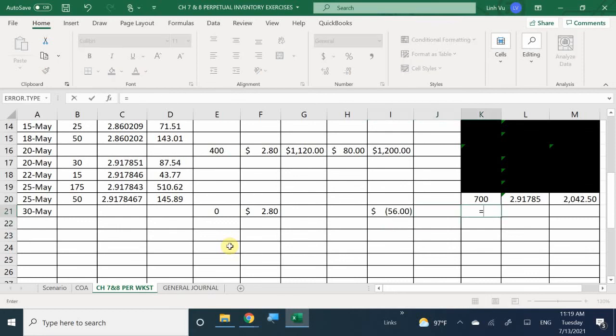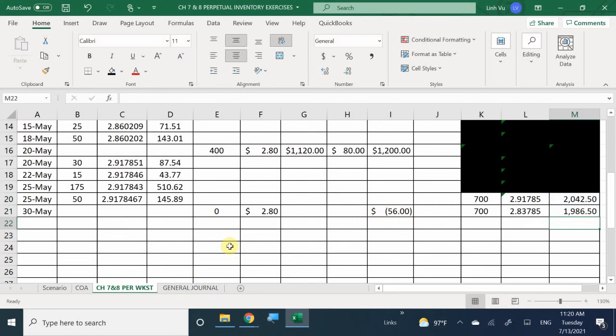Because I didn't affect my quantity, I affected my total cost because I got a refund for the $56. So my total cost is going to be a total of $1,986.50, because I received a $56 discount.